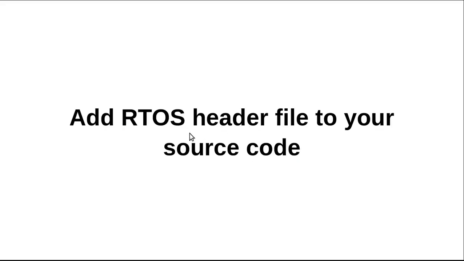After adding the RTOS header file to the source code, you must initialize RTOS by calling the rtosInitialize function. It is the first function that you must call when you want to use the RTOS.